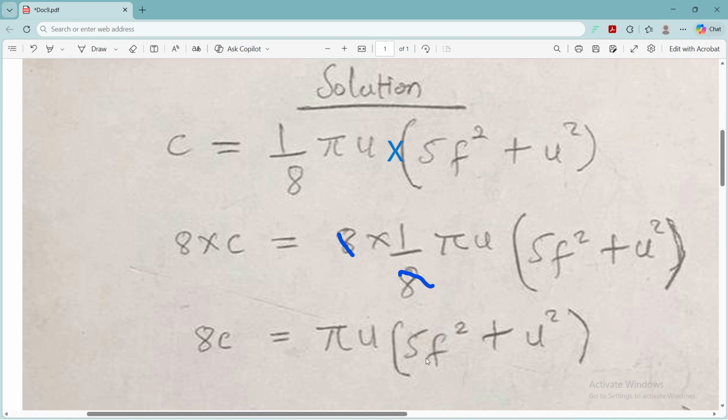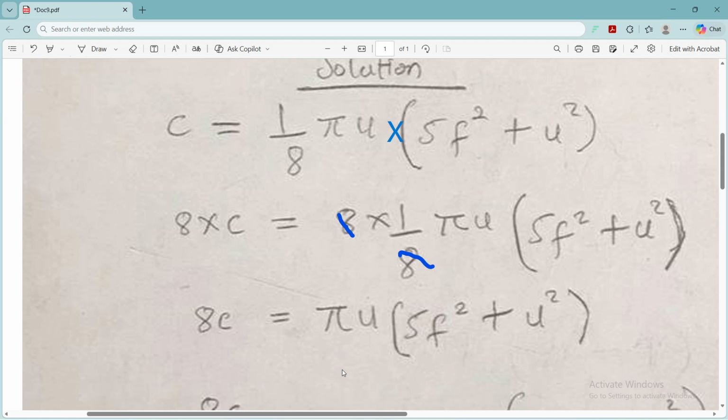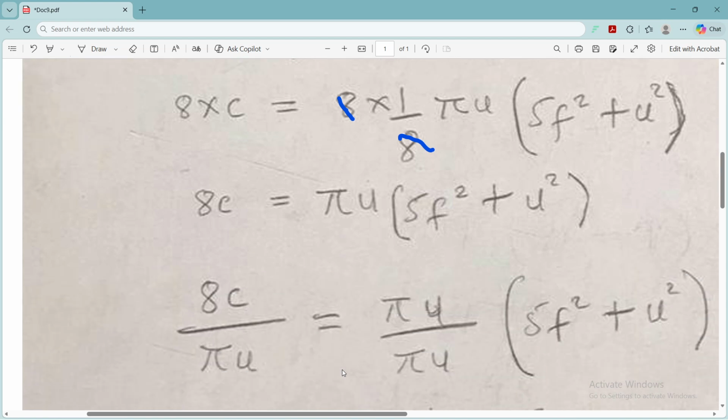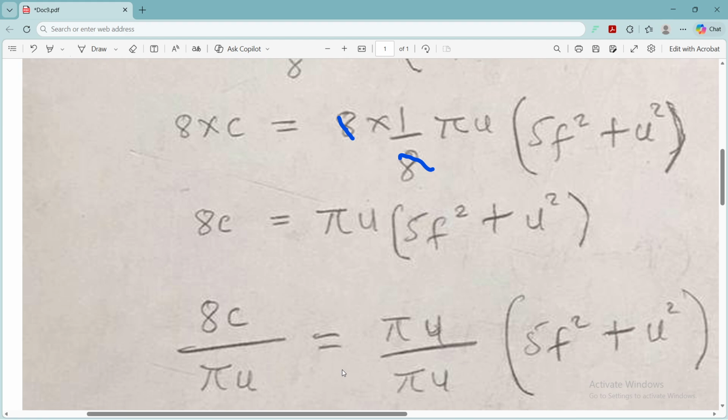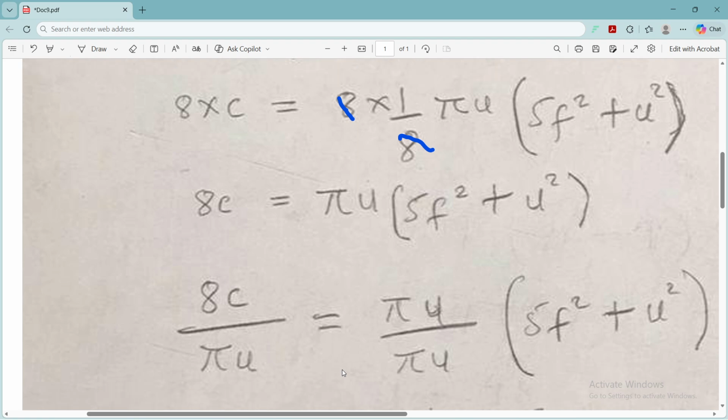So we are going to divide each side of the equation by pi u, right? So when we do that, we are going to have the fraction 8c over pi u equals the fraction pi u divided by pi u, multiplying, or in bracket, 5f squared plus u squared, right?